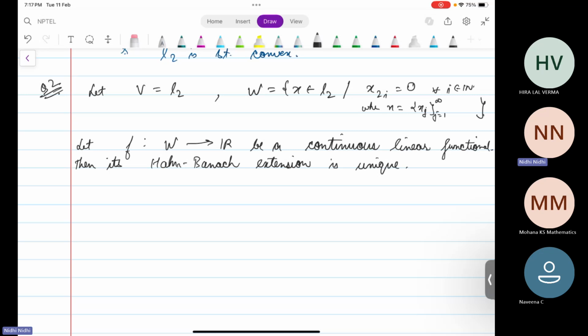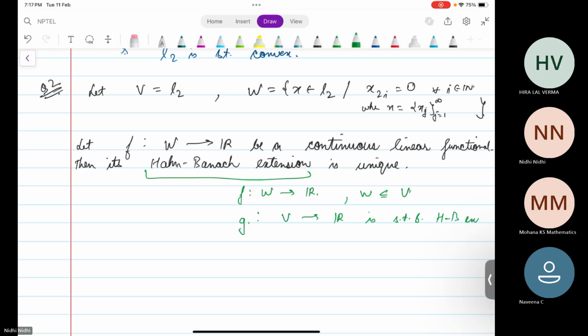So what do we mean by the Hahn-Banach extension? Suppose f is a functional from W to R, where W is a subspace of V. Then G from V to R is said to be the Hahn-Banach extension of f if G restricted to W is equal to f and the operator norm of G is equal to the operator norm of f.